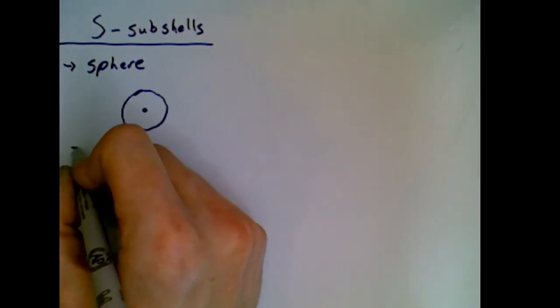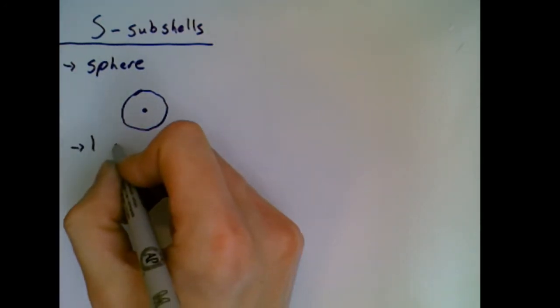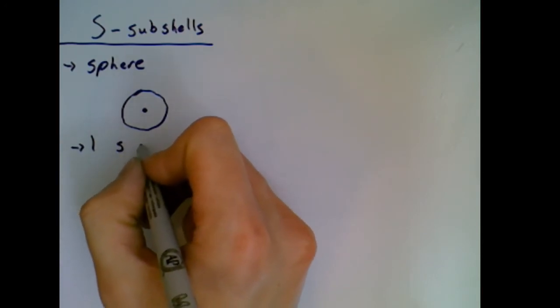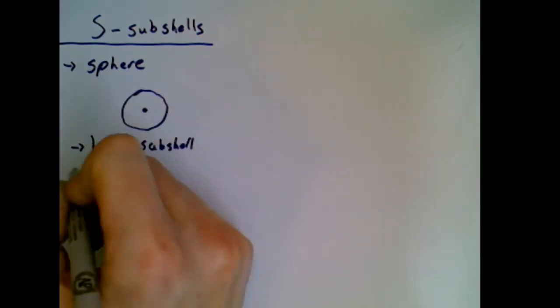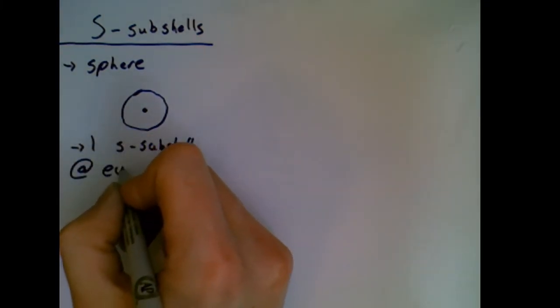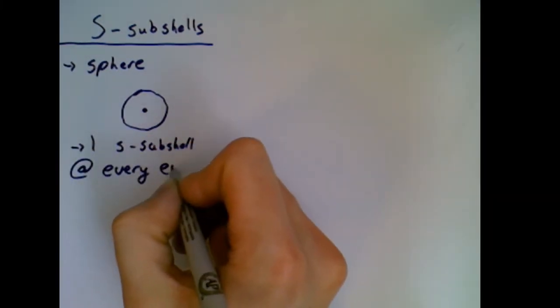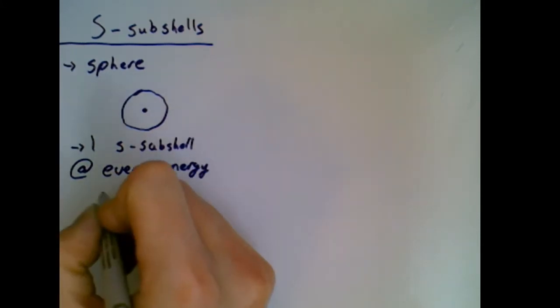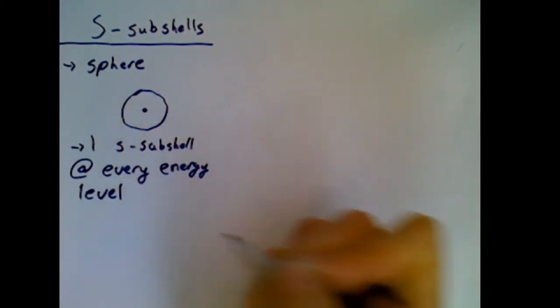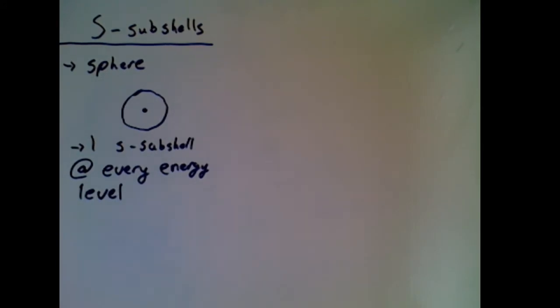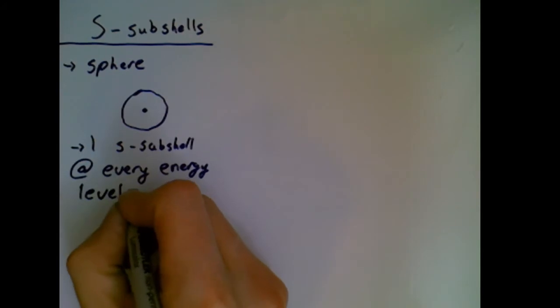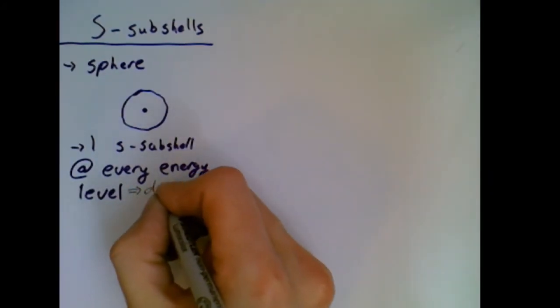There is only one sphere, or S subshell, at every energy level. And what I mean by energy level is distance from the nucleus. So that's really what we're talking about when we say energy level: a distance from the nucleus.